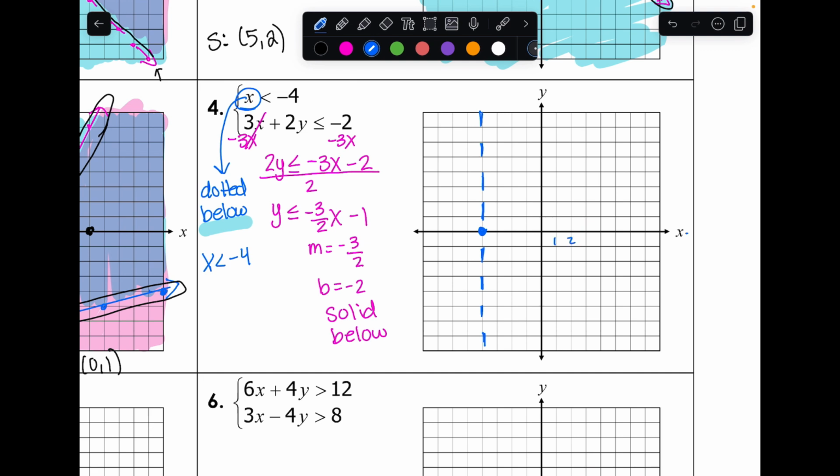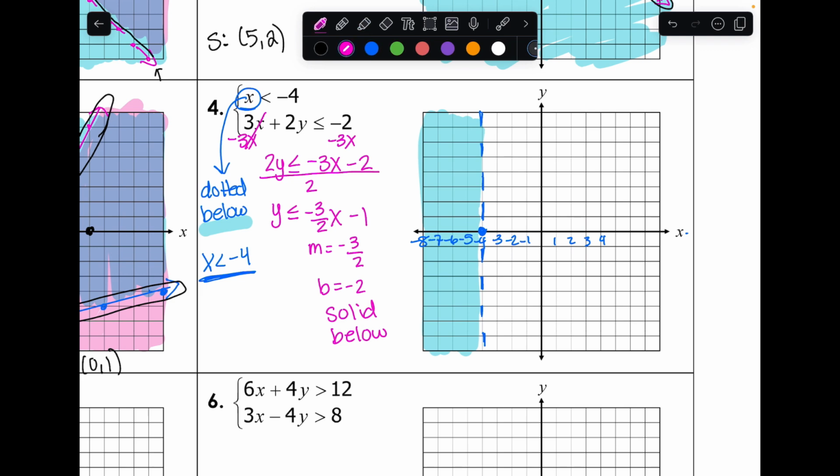So this is +1, 2, 3, 4. This is -1, -2, -3, -4. If I want the x values that are less than -4, that means I'm going to shade the region with the lesser values, which means to the left of the line that I just drew. This is where all my x's are smaller or below -4.